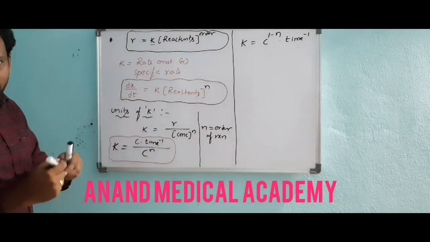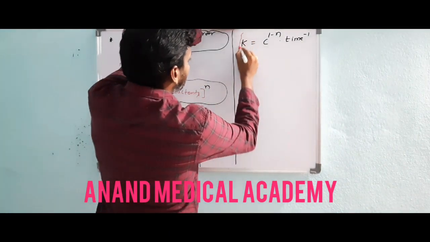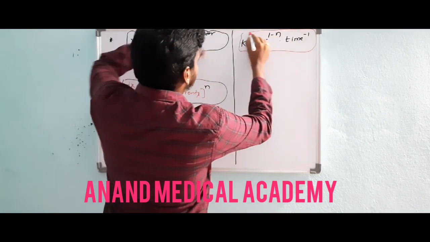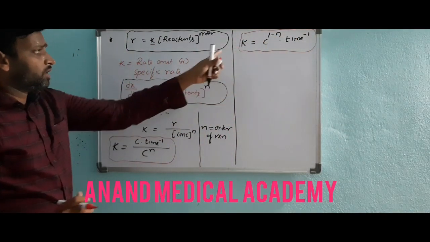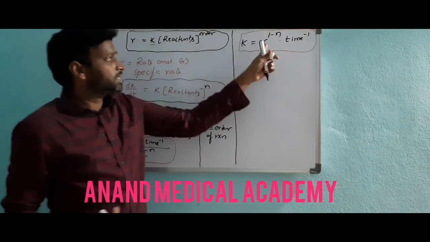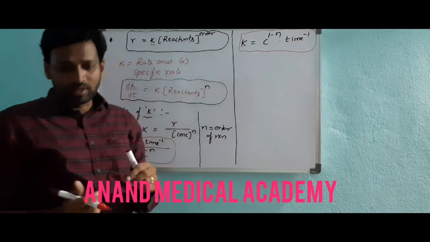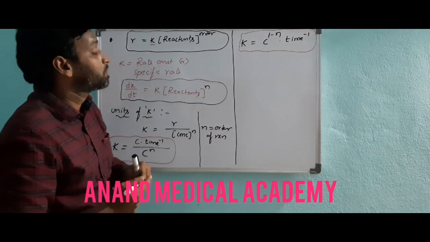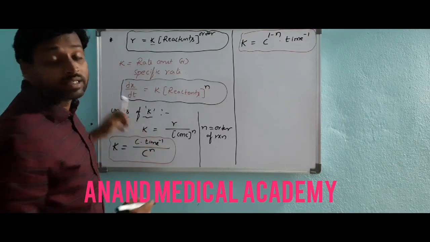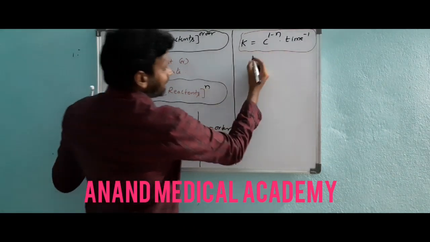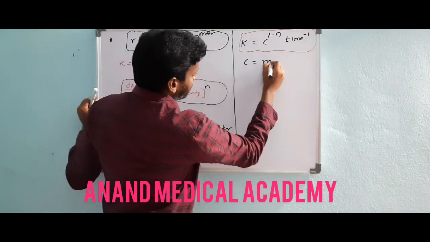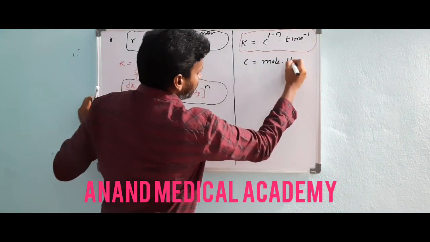So these are the concentration units. Rate constant units you have: C power 1 minus n and time inverse. This is the specific rate or rate constant units. So what is C here? C is mole per liter, meaning mole liter inverse.